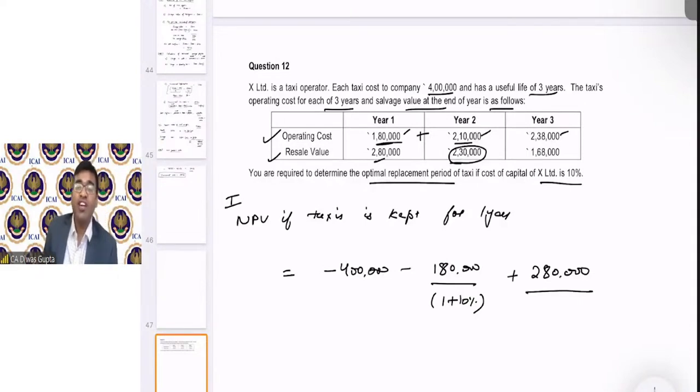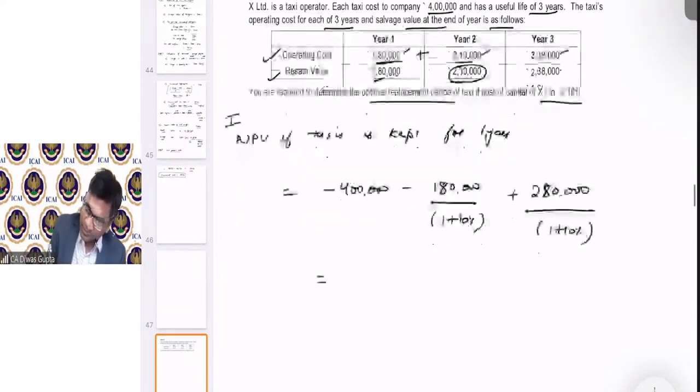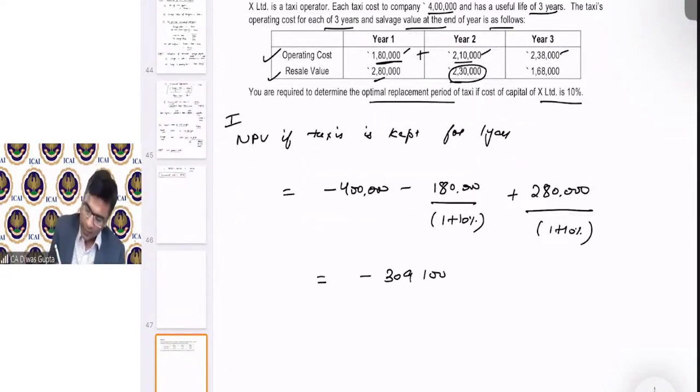But again, this is a 1 year later value, so to convert it into the present value, we will divide by 1 plus 10%. So what is the NPV? NPV becomes minus 309,100.